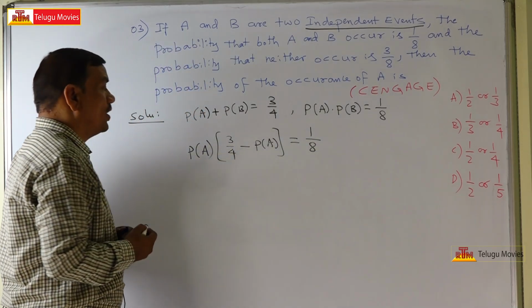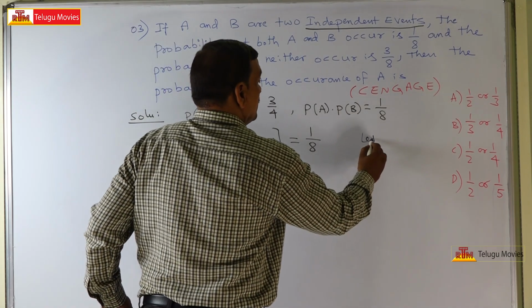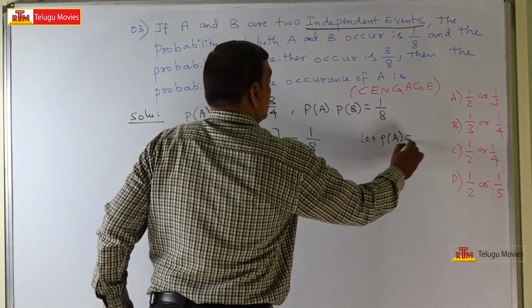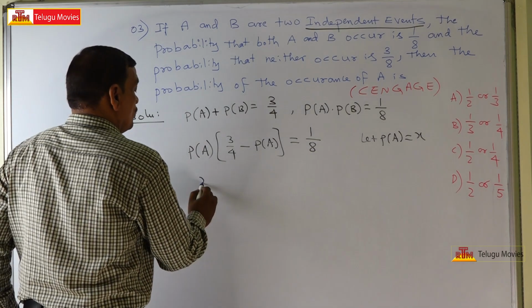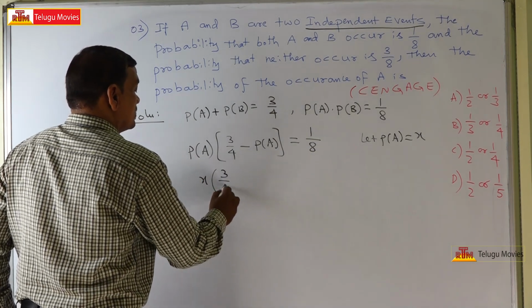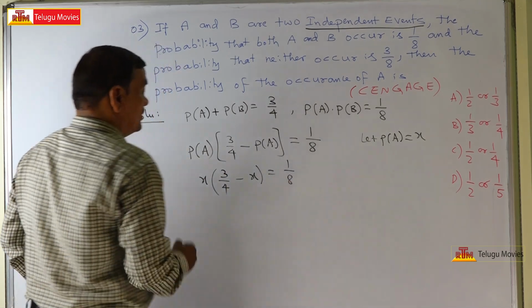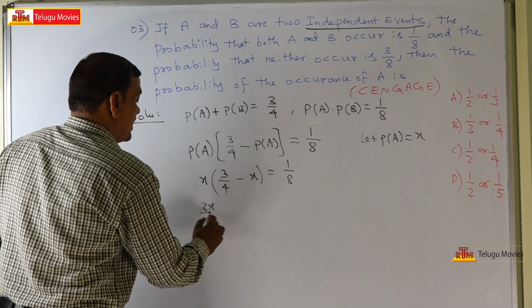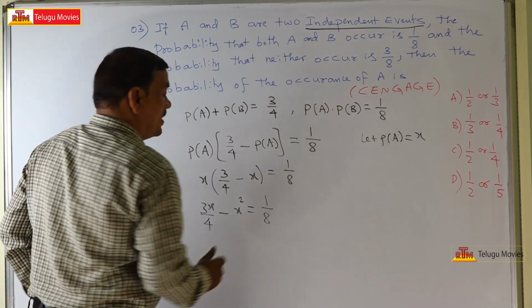For convenience, let us take probability of A equal to x. So this is x times 3 by 4 minus x, equal to 1 by 8. Multiply this: 3x by 4 minus x square is equal to 1 by 8.